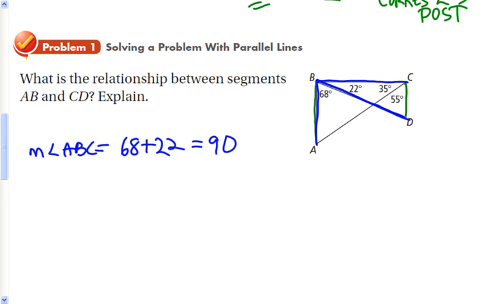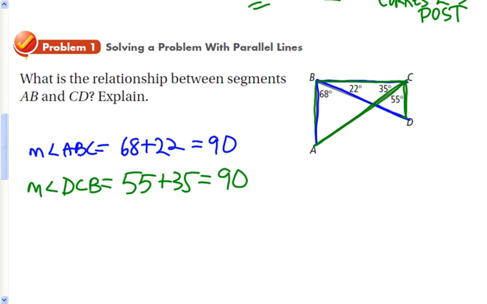We also have angle DCA plus angle ACB is equal to angle DCB. So the measure of angle DCB is equal to 55 plus 35, which is equal to 90.